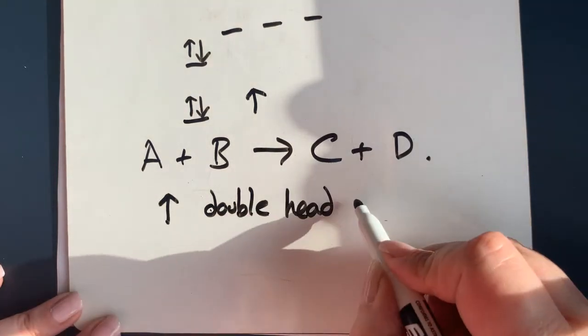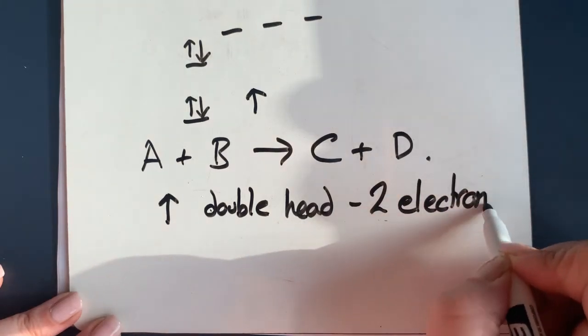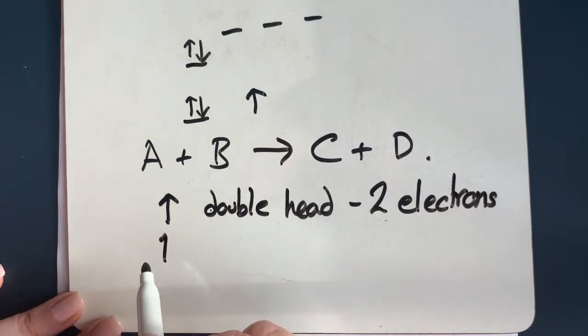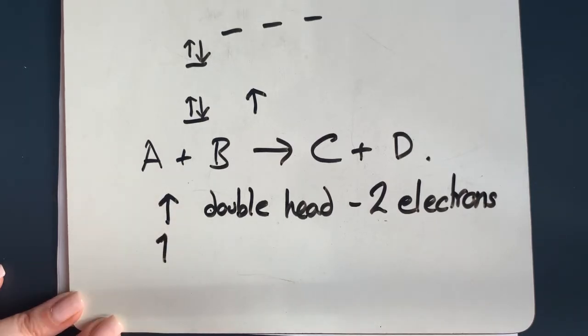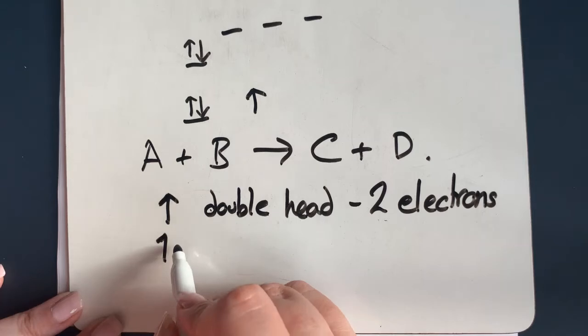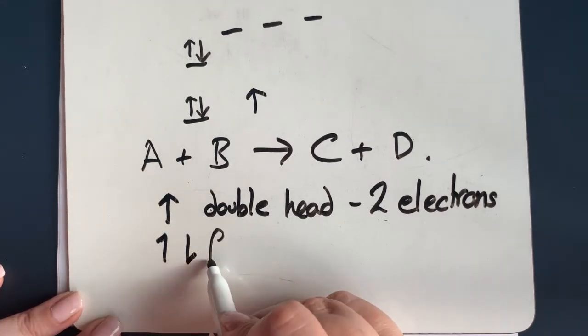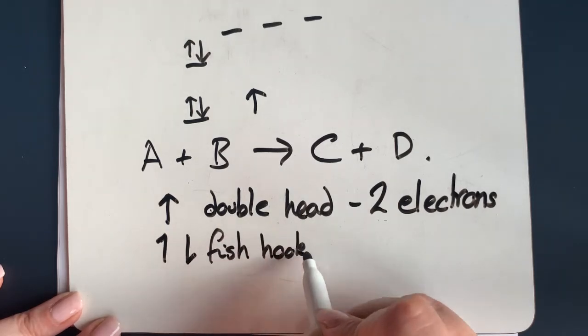And that double head would signify 2 electrons. Where what we want is 1 electron. So it only has 1/2 of the arrowhead on it. They can be drawn in that direction, or they can be drawn down, but that's called a fish hook arrow.